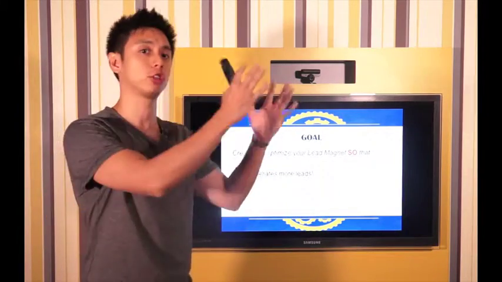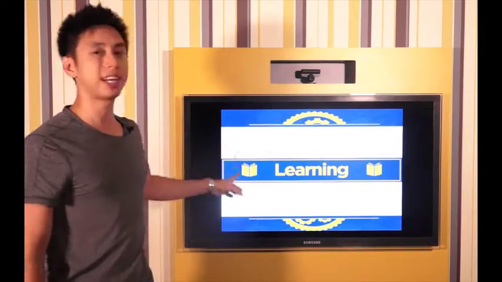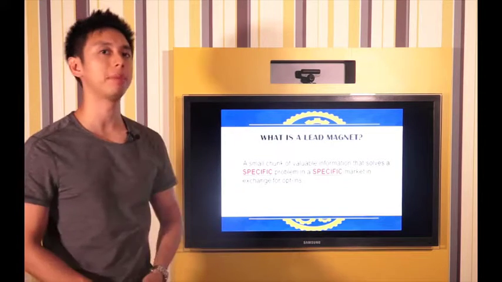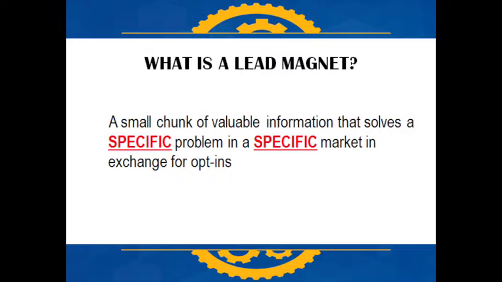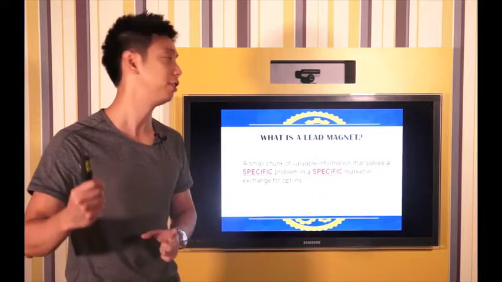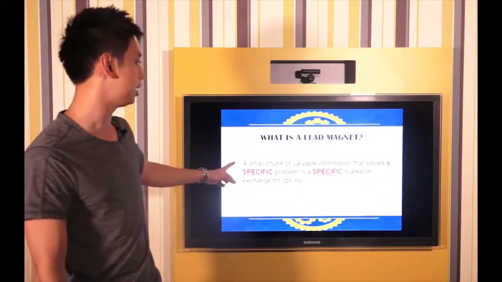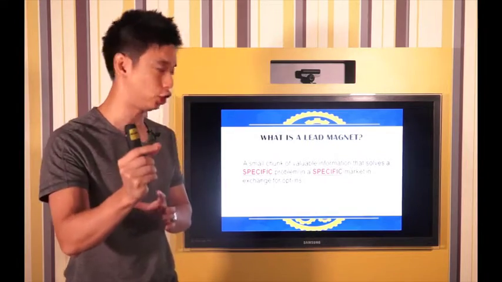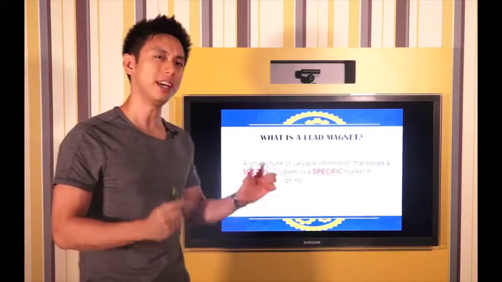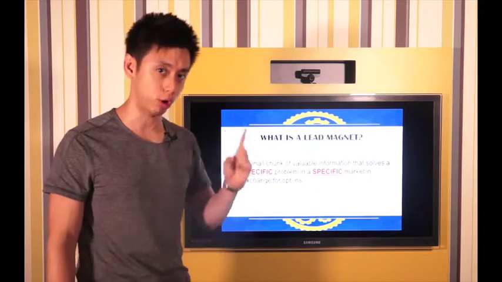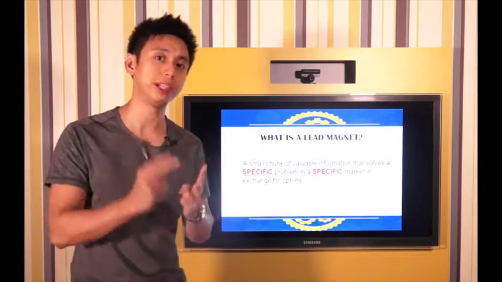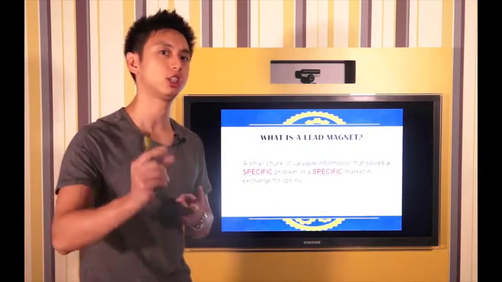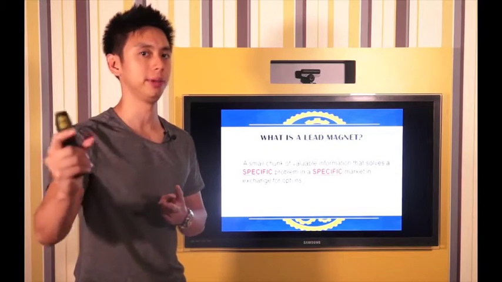It's a direct correlation. So when it comes to this section, first of all, let's talk about what a lead magnet is. And there's only one keyword over here in this section, and that is specific. It needs to be very specific. So in other words, a lead magnet is where you give them a small chunk of valuable information that solves a very specific problem in a specific market in exchange for their name and email address.